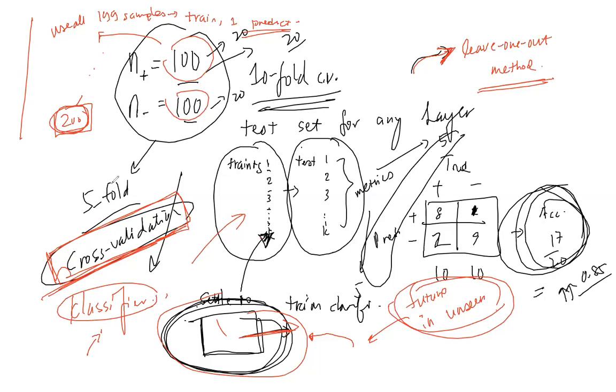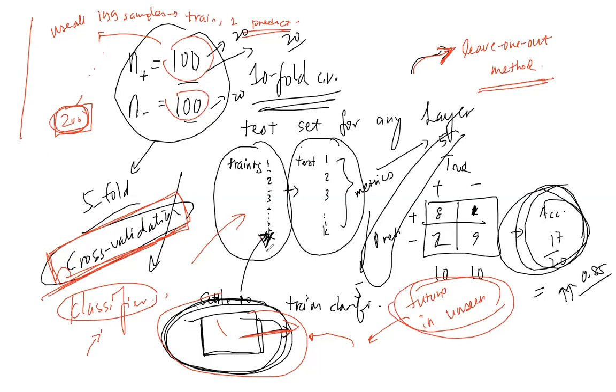So in your case, the leave one out, right? Leave one out is also kind of giving you some idea about the variability in the performance.